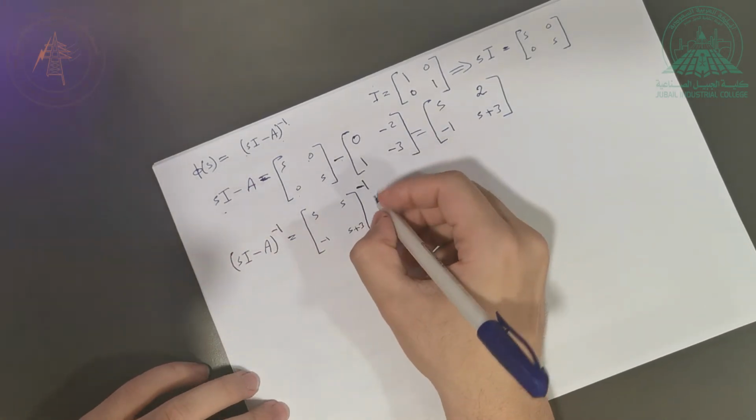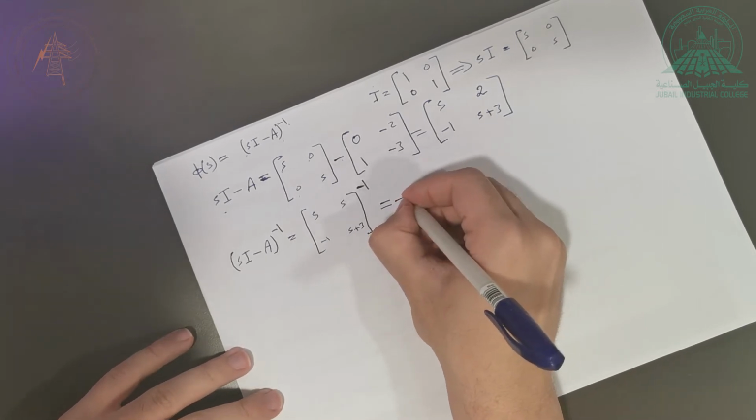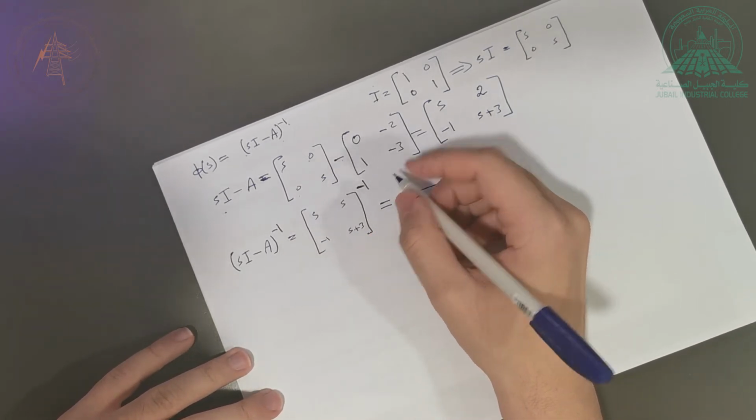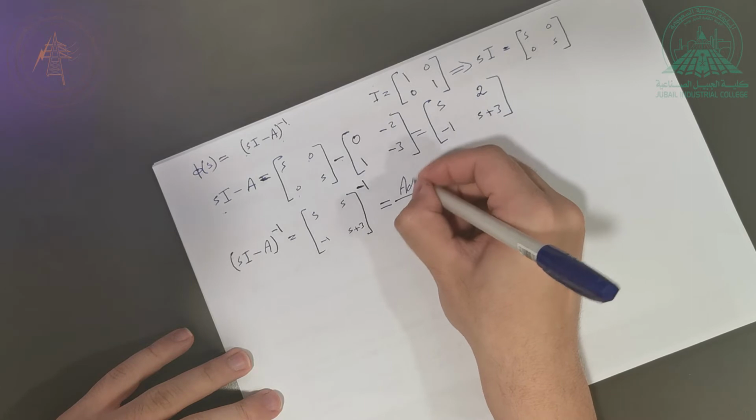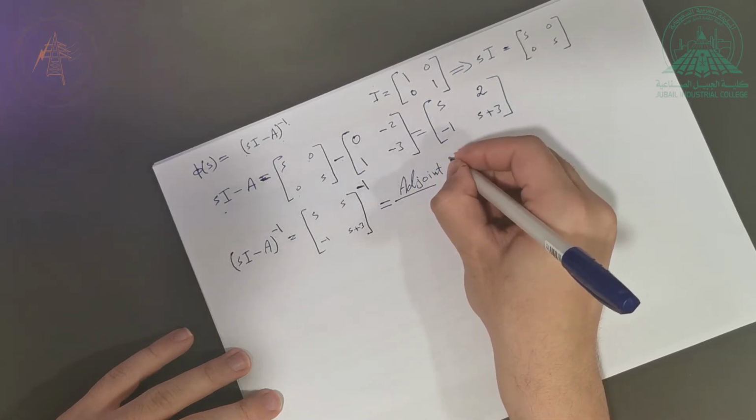To refresh your memory from your engineering mathematics course, the inverse is equal to the adjoint of the matrix divided by the determinant.